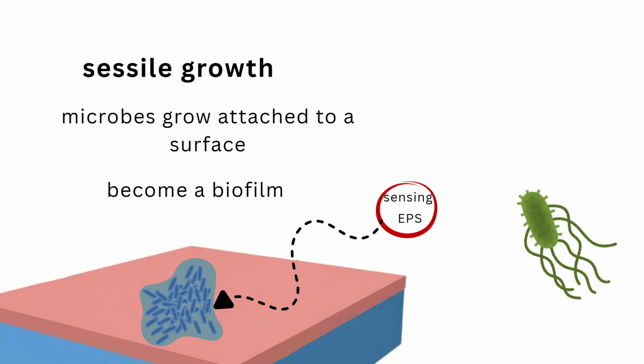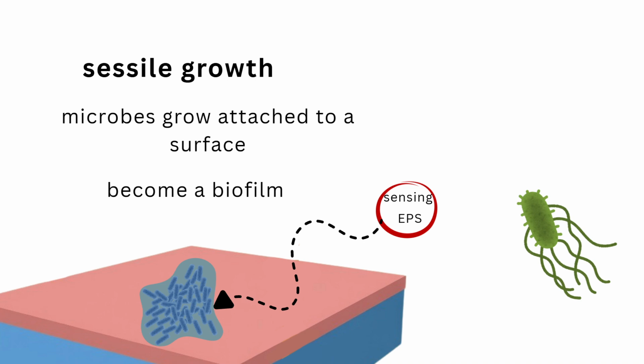So when the nutrients are depleted and there are no sufficient nutrients for them to grow and have metabolism, they will decide to become a sessile growth.